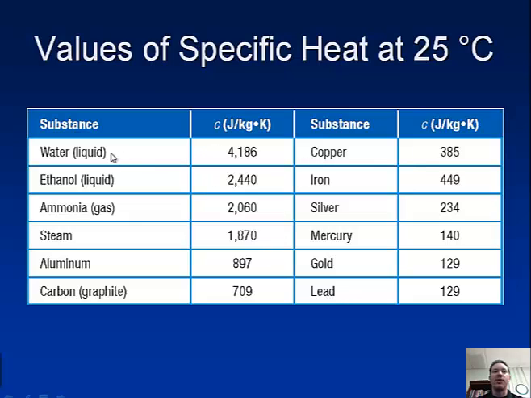You can see the water's got a very high specific heat, so it doesn't like to change its temperature as well as some of these with lower specific heat. So it doesn't take as much to heat up that iron in the pot that we're cooking on the stove compared to the water that's actually in it. So that's why it takes a while for water to get to a boil when we're trying to heat it up.